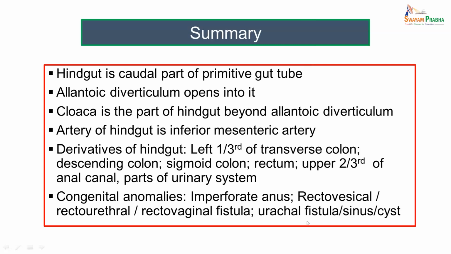Only a small part of the proximal part of urachus is absorbed into the urinary bladder to form its apex. When the urachus fails to degenerate, it remains patent to form urachal fistula, urachal sinus or urachal cyst.